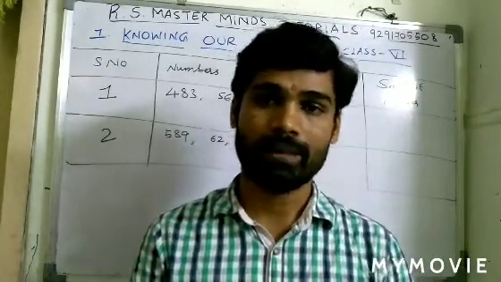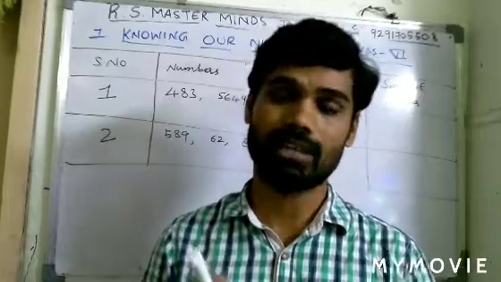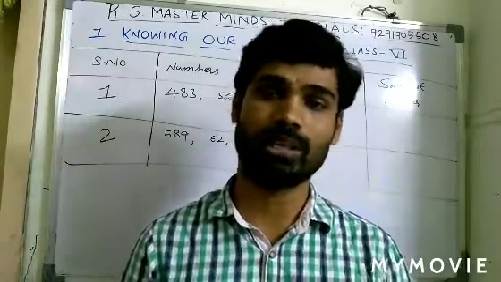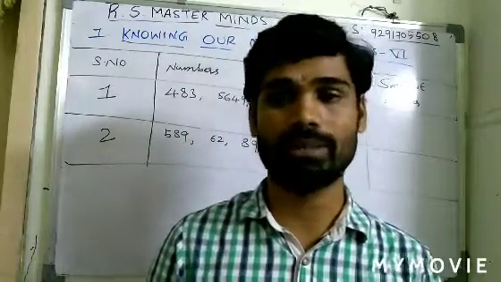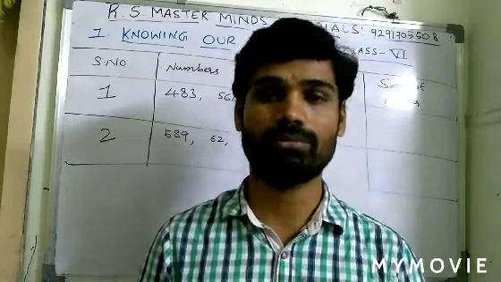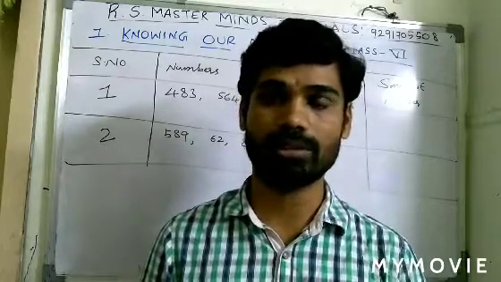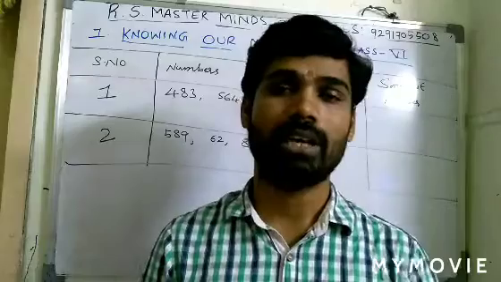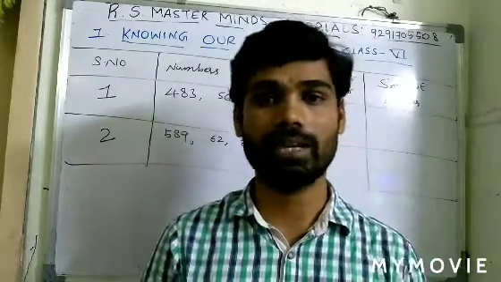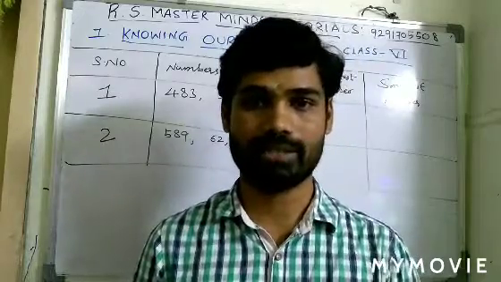Whole numbers, which start from 0, 1, 2, 3, 4. Integers, where we have negative integers and positive integers, like +1, +2, +3, which are positive integers, and -1, -2, -3, which are negative integers. And rational numbers, which are in the form of p by q.